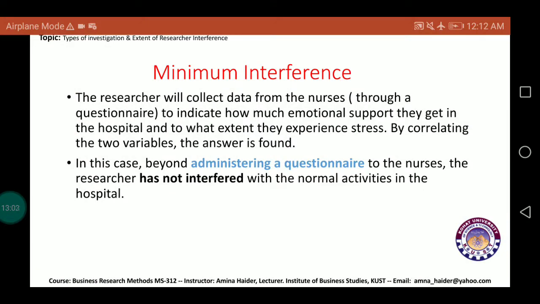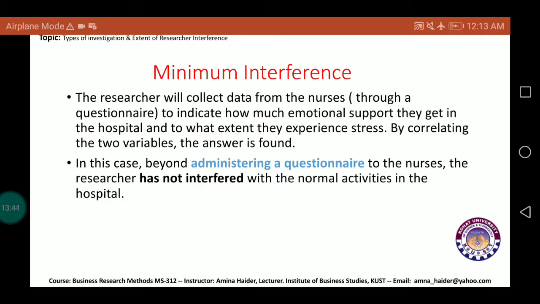In this case, beyond administering a questionnaire to the nurses, the researcher has not interfered with the normal activities in the hospital. So here we see that the researcher is only administering a questionnaire that would be given to the nurses, and then he would try to find out whether there is an association between the emotional support that the nurses get and the stress level.